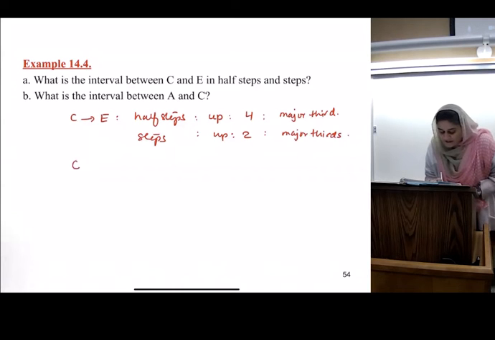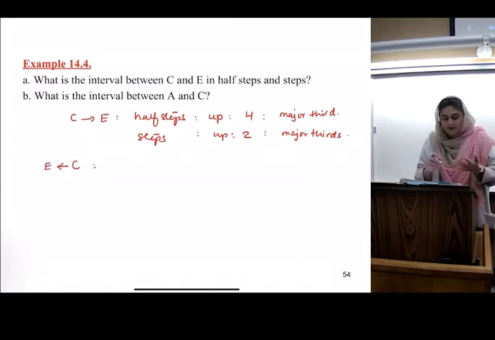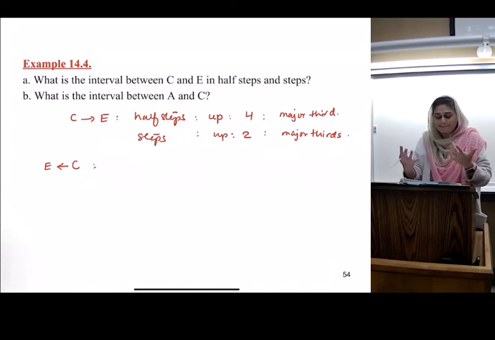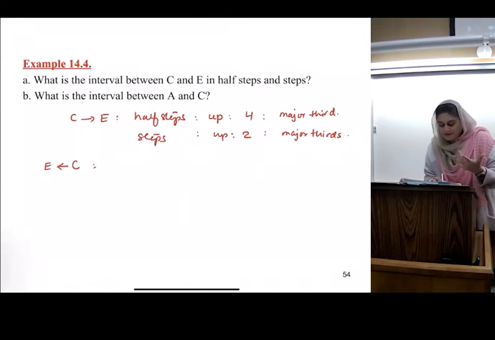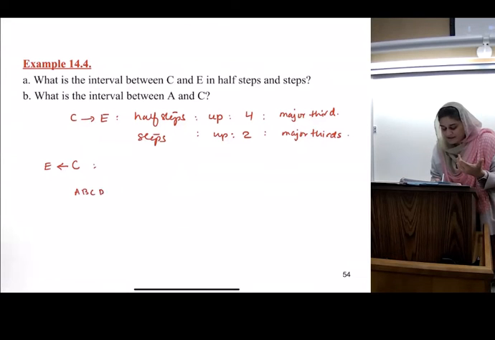And what about C down to E? How many steps? So it's A, B, C, D, E, F, G, right? So 1, 2, 3, 4, 5. But then there's also 1, 2, 3 in the middle.